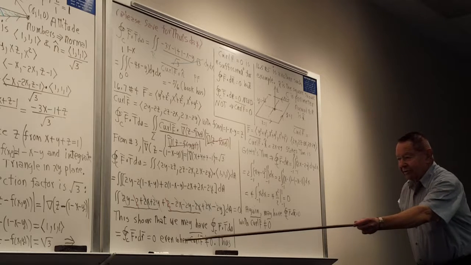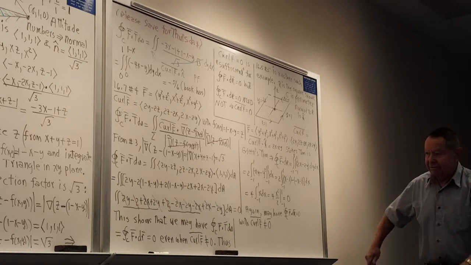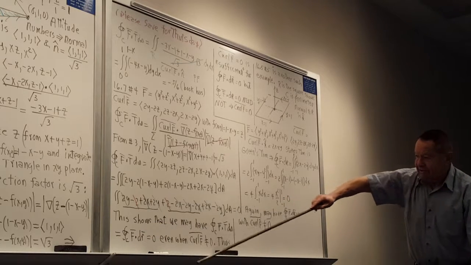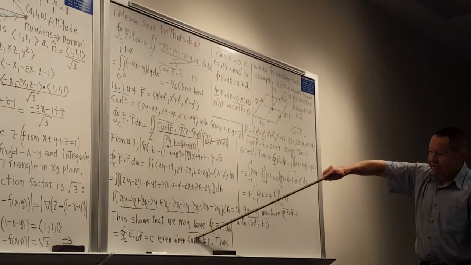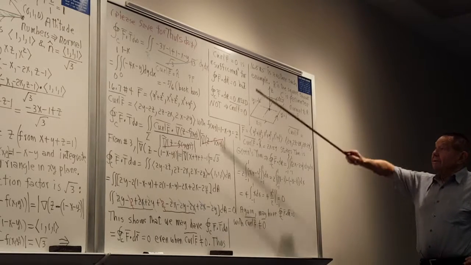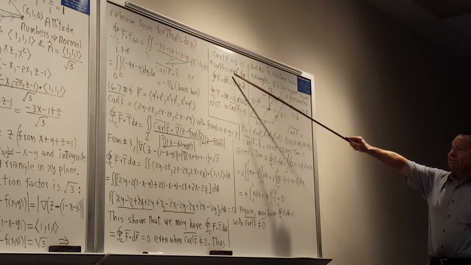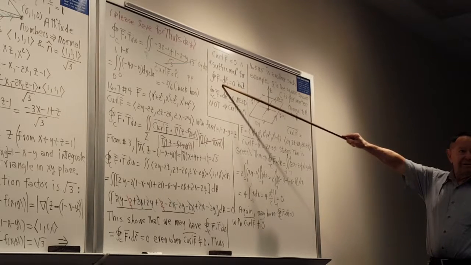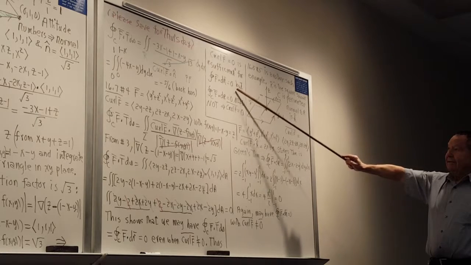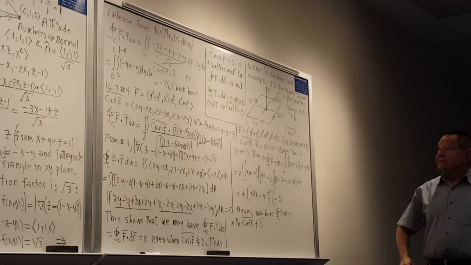And so you can have problems where a line integral around a closed path is 0, even though the curl of the field isn't 0. So curl F being 0 is sufficient for the circulation integral to be 0, but it isn't necessary.